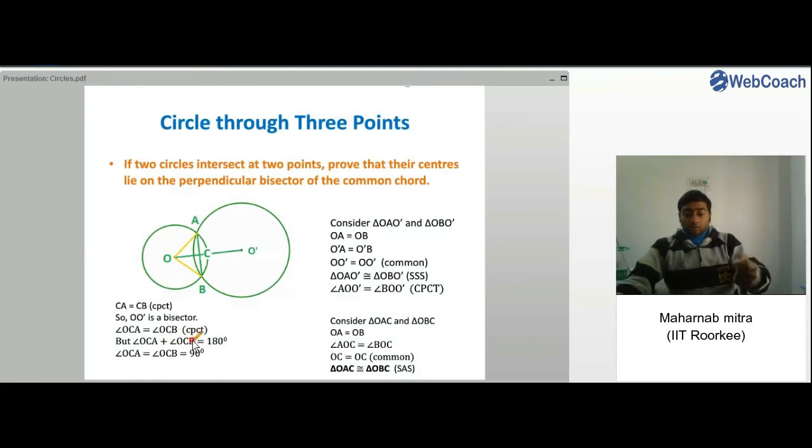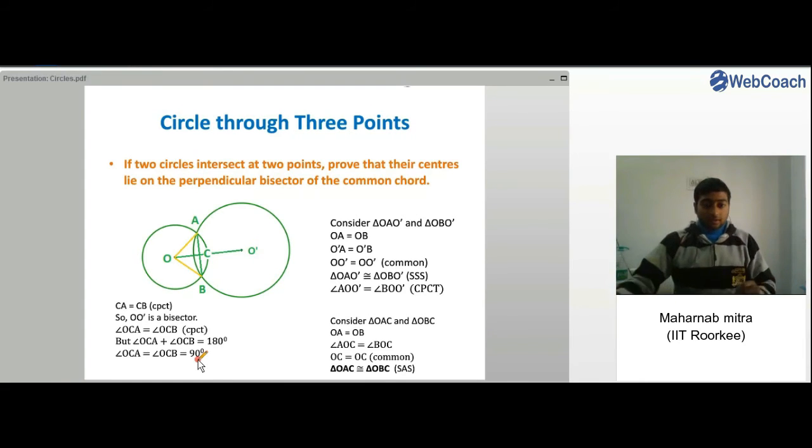Now if we replace OCA with OCB and find out by simple algebraic calculations, you will end up with angle OCA equals OCB, which is 90 degrees. If two angles are on a straight line and both of them are equal, obviously both of them have to be 90 degrees. 90 degrees plus 90 degrees gives us 180 degrees.